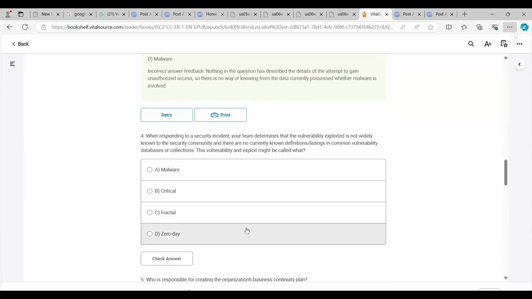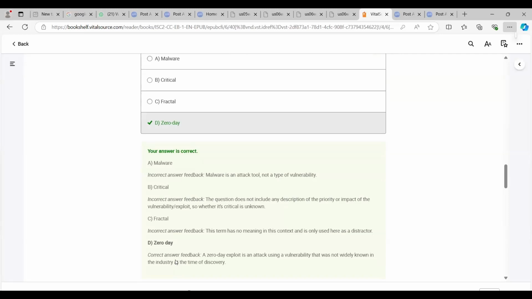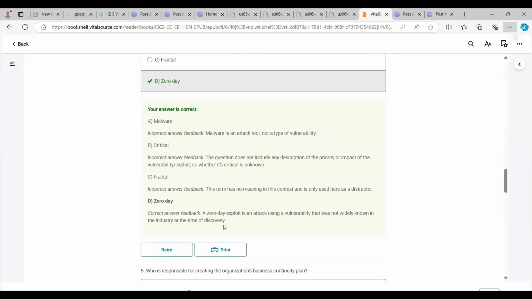This vulnerability and exploit might be called what? I think this is straightforward too. So a zero-day exploit is an attack using a vulnerability that was not widely known in the industry at the time of discovery.